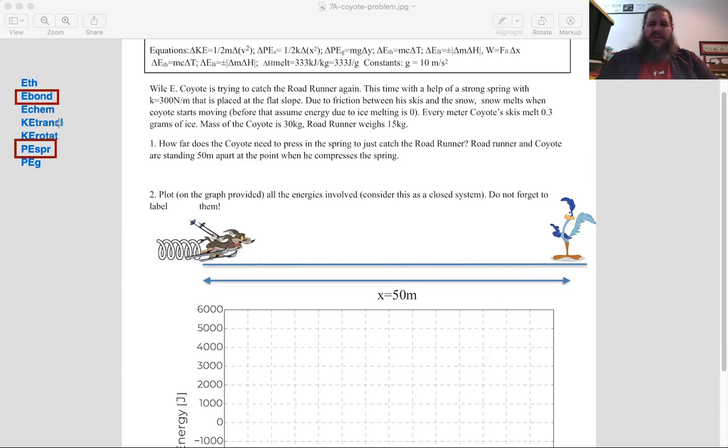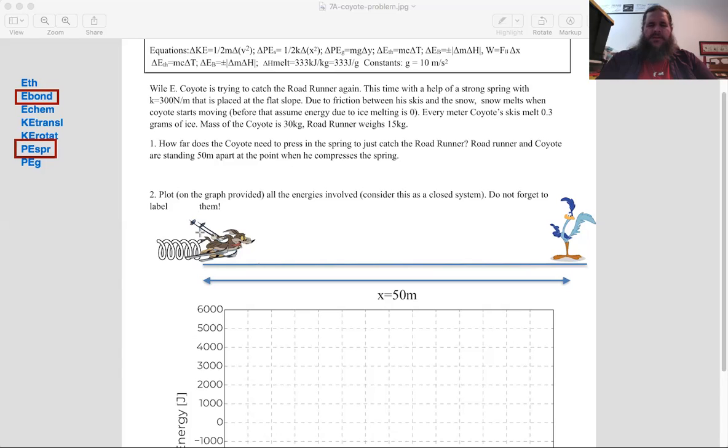Is there any change in translational kinetic energy from start to finish? Do we know anything about the starting speed of the Coyote and the ending speed of the Coyote? If you're launching yourself out of a spring like this, what's your starting speed just before you launch?